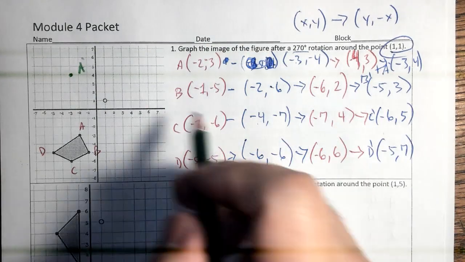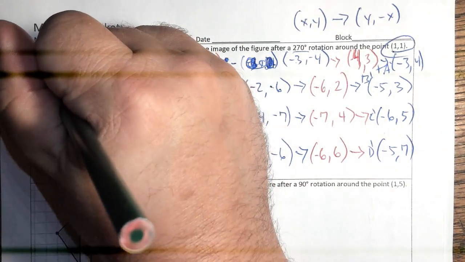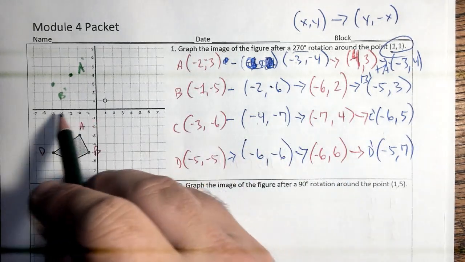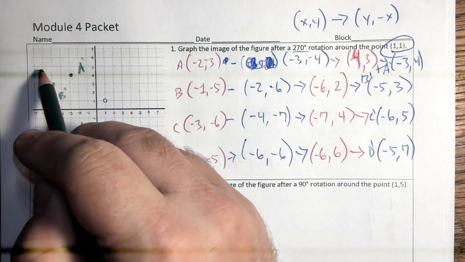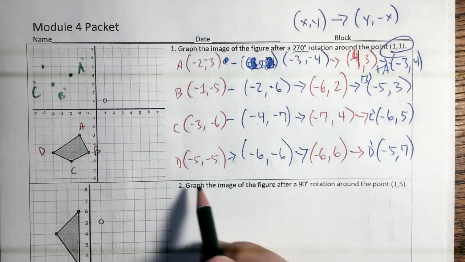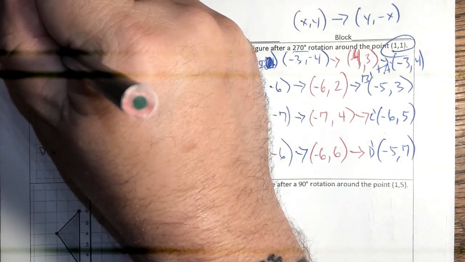B prime, -5, +3. C prime, -6, +5. And then D prime, -5, +7. Way up here.